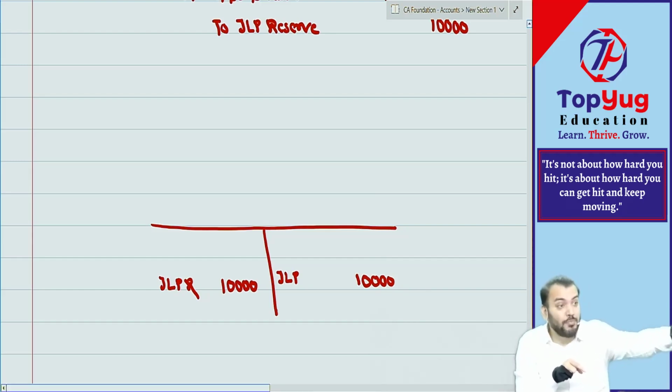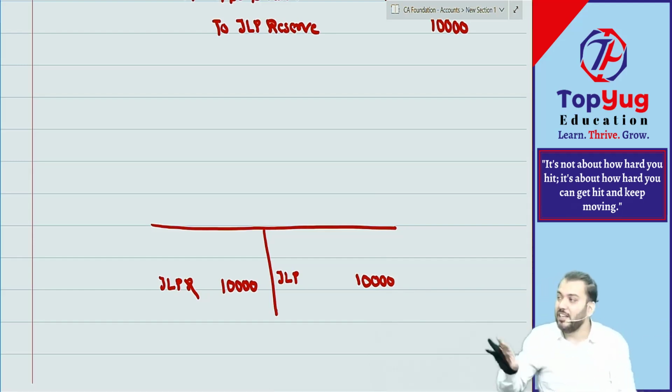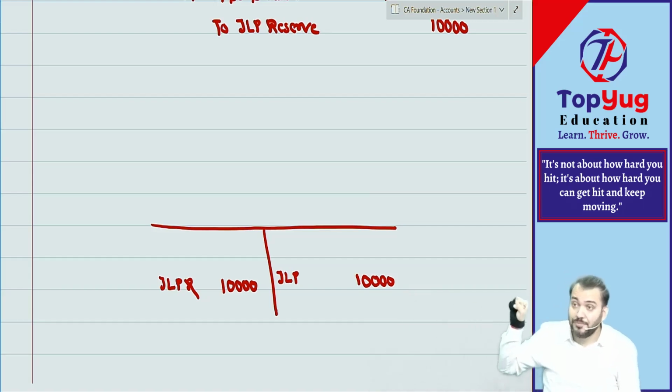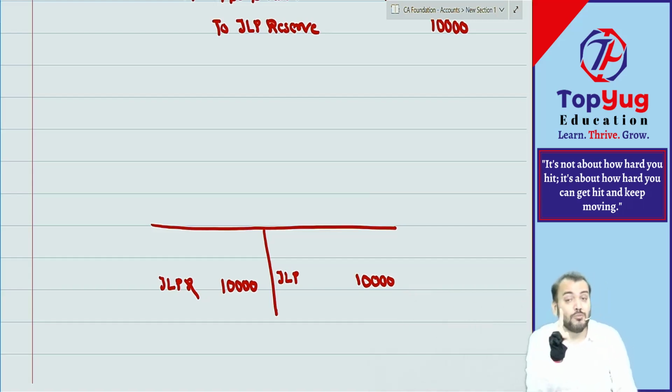That reserve belongs to partners. Once received, it should be credited to partners only, and that is denoted by which term? JLP reserve. Every reserve and surplus belongs to whom? Partners.